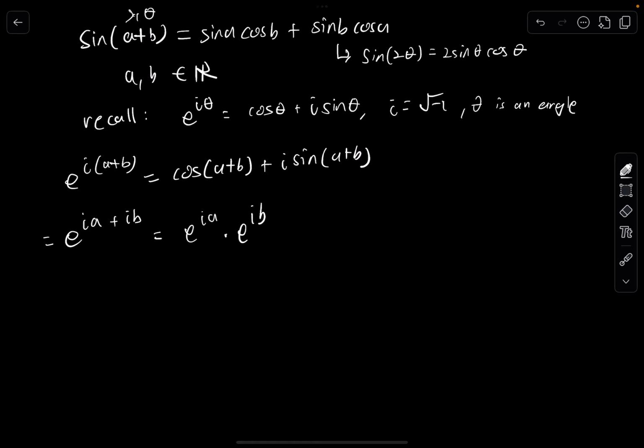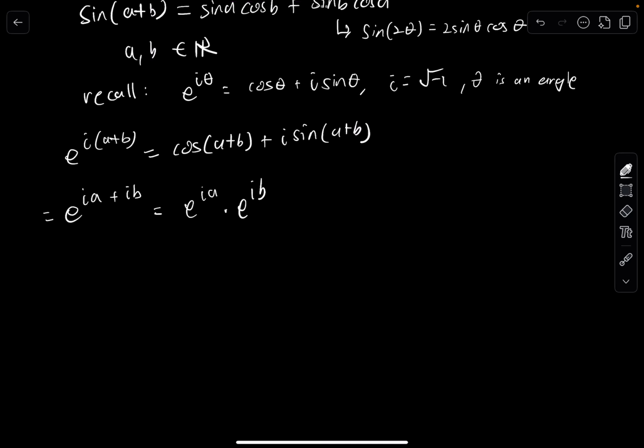With that in mind, now let's rewrite this. So remember, e to the iA, and I'm actually going to highlight this in a different color. So this we'll do in red, this we'll do in blue.